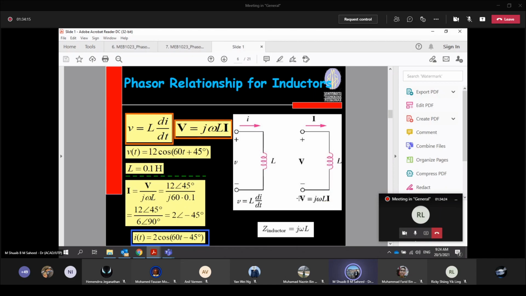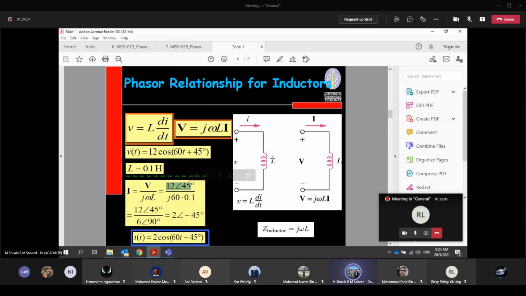Understand? So example, if you have your v(t) equals 12 cos(60t plus 45 degree), what you have to do is represent this in the phasor form. Observe the cos. If it is sine, you have to change by minus 90 degree. So this will be 12 angle 45 degree. Okay, that's good.